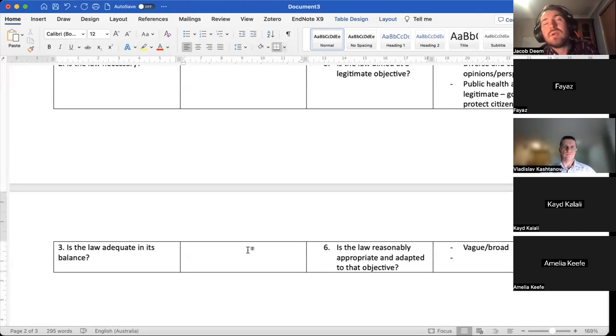It's weighing up, how important is people's public health versus how important is it for people to be able to discuss these issues. That's where all of that discussion comes into play.